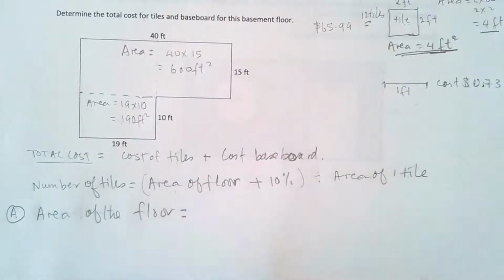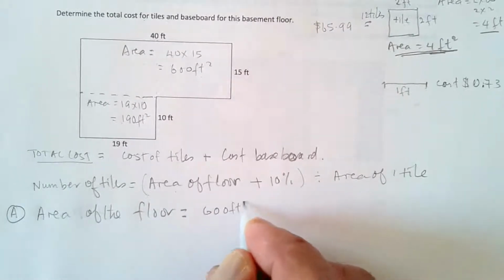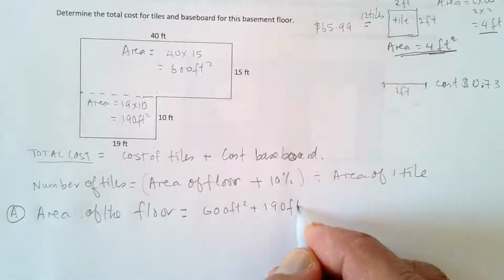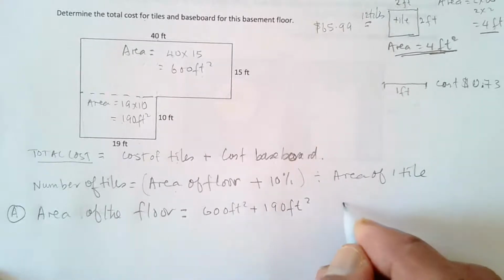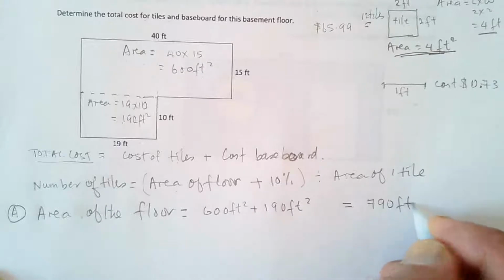So the area of the floor is 600 square feet plus 190 square feet, which works out to be 790 square feet.